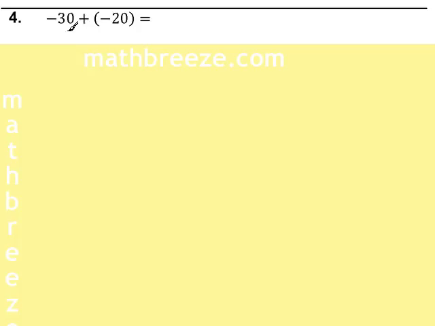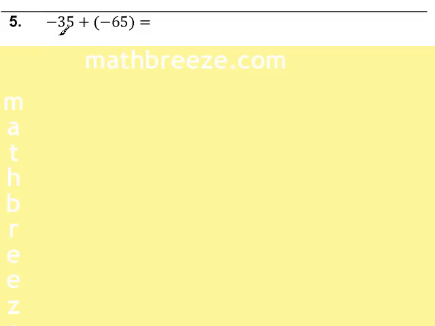In number 4, we're adding two negatives, a negative 30 and a negative 20, so we're just going to add in the usual way. So we have 30 and 20 is 50, and the answer is negative 50.